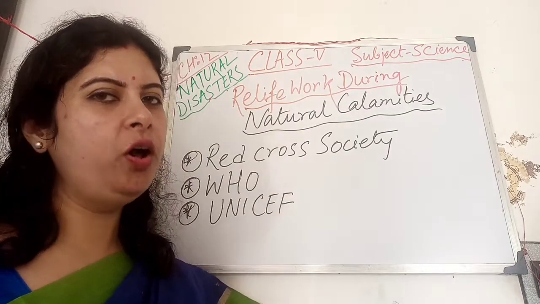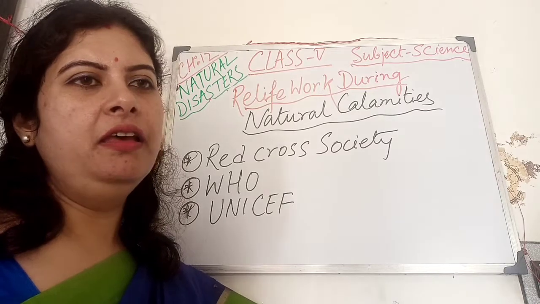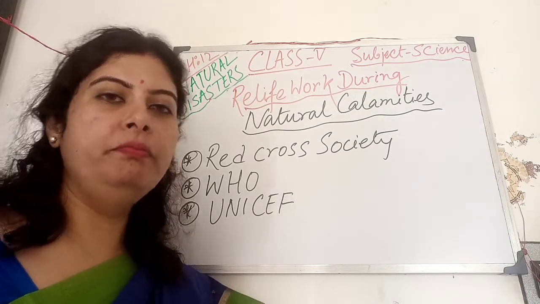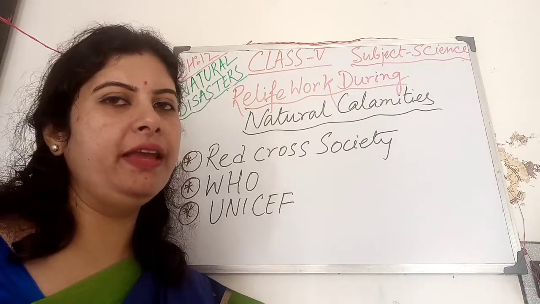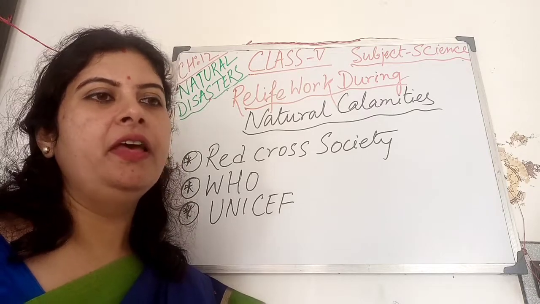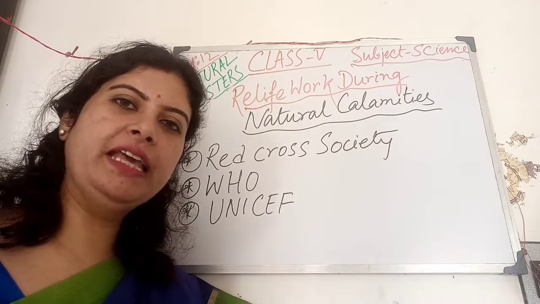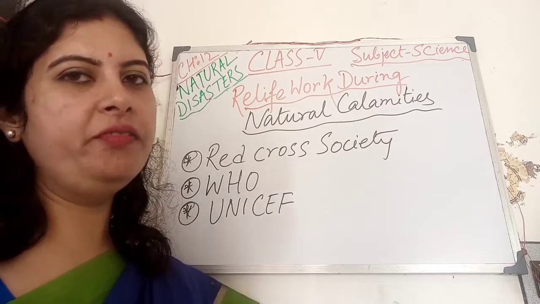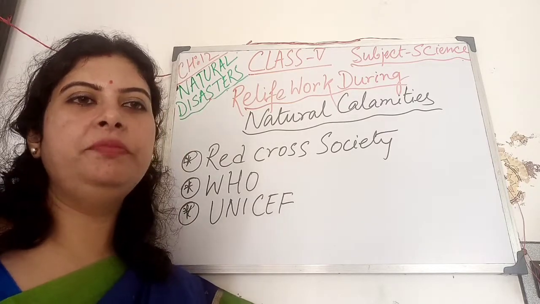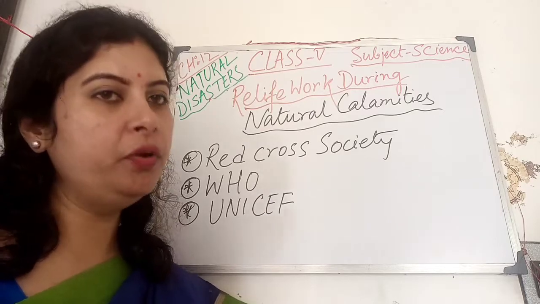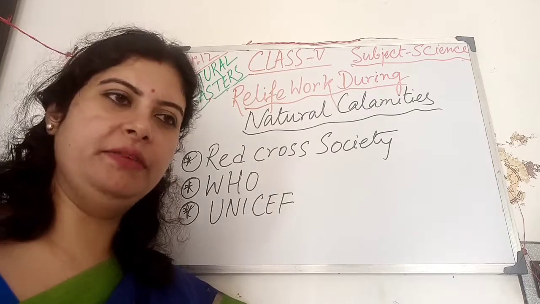So all these natural calamities bring much loss of human life and property. So what is the relief work during these natural calamities? In times of natural calamities, it becomes our moral duty to help the victims.